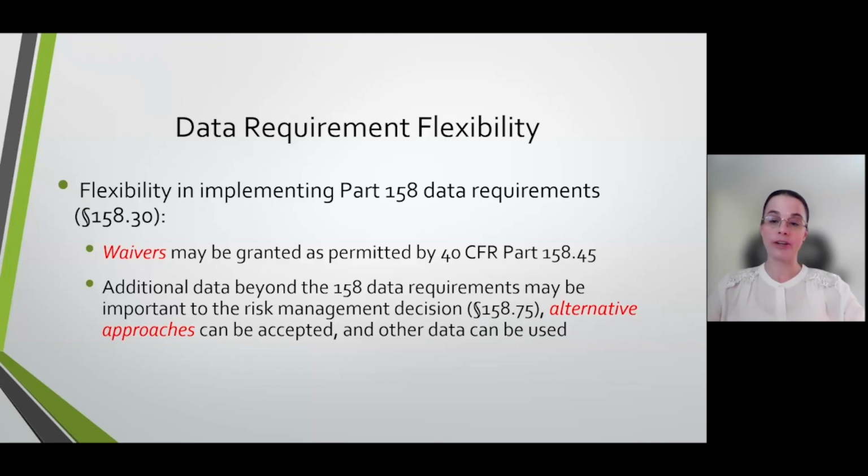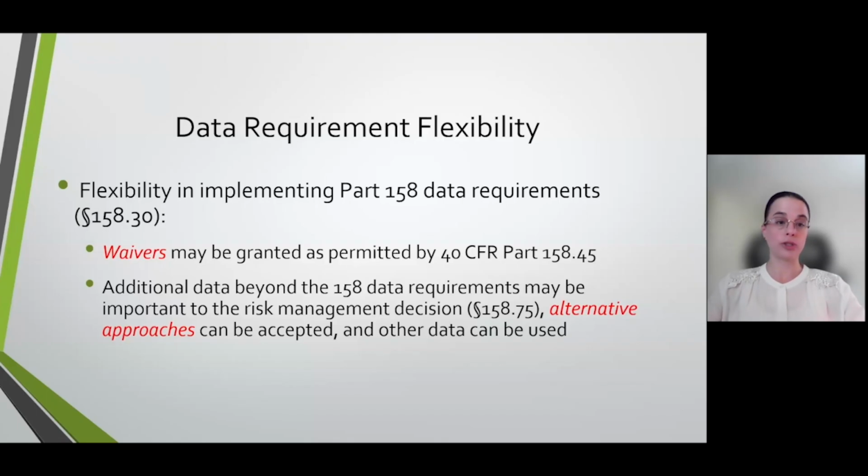Something important to consider is that not all data requirements are always going to be considered appropriate. As an example, the properties of a chemical, or perhaps an atypical use pattern, could make it impossible to generate the data that's required, or the data would not be considered useful in the agency's evaluation. As a result of this, section 158.45 permits the agency to waive specific data requirements.